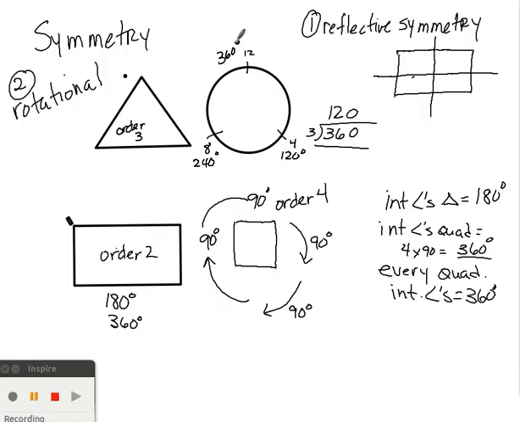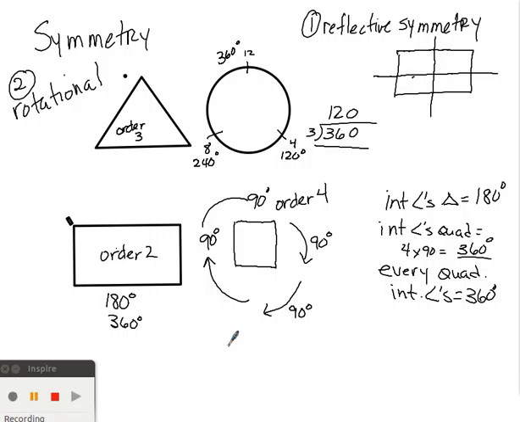So that's rotational symmetry. If it asks you if a figure has rotational symmetry, you have to tell yes or no, and if your answer is yes, you need to tell at what order number it has rotational symmetry.